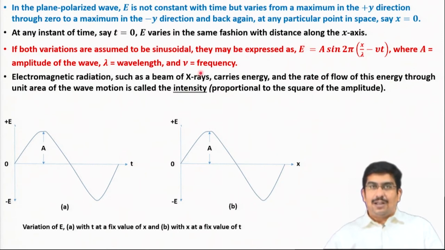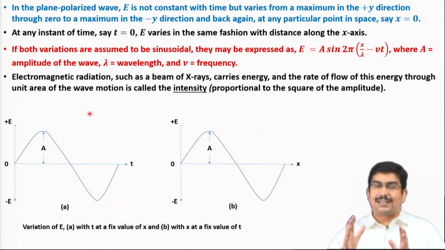The electromagnetic radiation of this kind, for example X-ray, carries energy, and the intensity of this energy is proportional to the square of the amplitude. The intensity of the X-ray beam, which is a measure of its energy, is proportional to the square of the amplitude. This is expressed as the rate of flow of energy through unit area of wave motion.